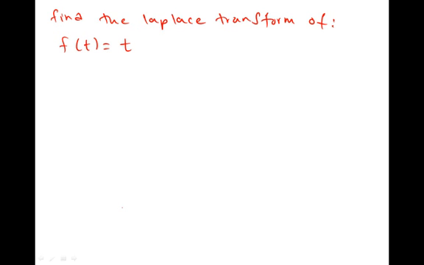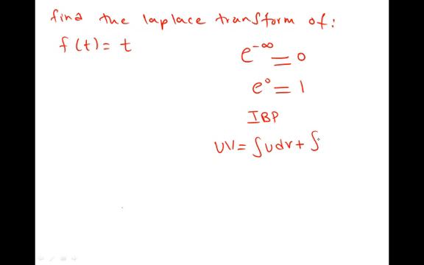Before I go to this example, I want to remind you of some simple ideas here. E to the power of negative infinity equals 0, e to the power of 0 equals 1, and don't forget the integration by parts, which is u times v equals integration of u dv plus integration of v du.